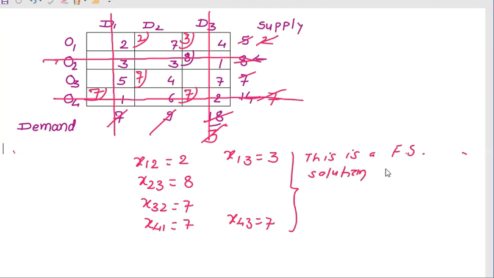Solution contains exactly m plus n minus 1 positive allocations. M means number of rows, n means number of columns. 4 plus 3, 7 minus 1 equal to 6. Exactly 6 positive allocations.